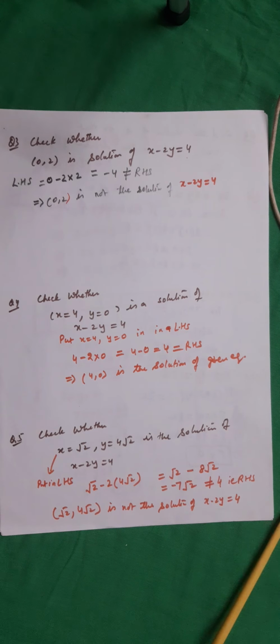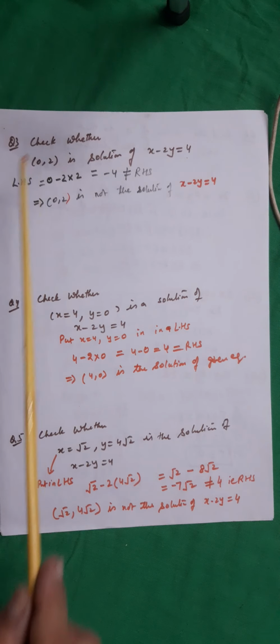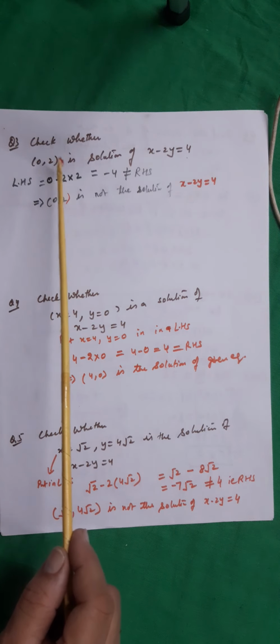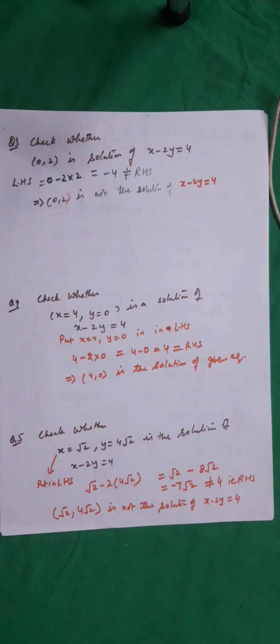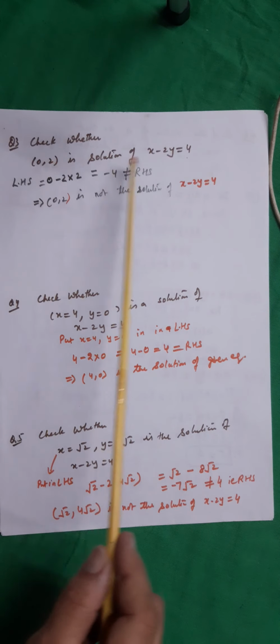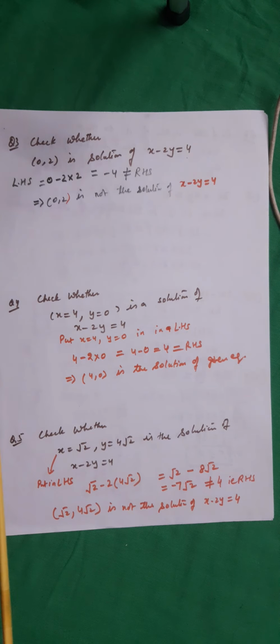Next type of question that can be asked in the exam is check whether 0, 2, that means ordered pair 0, 2 is a solution of x minus 2y is equal to 4. In that case, what you have to do, you just substitute the value of x as 0 and y as 2 in the left hand side and check whether it is equal to right hand side or not.